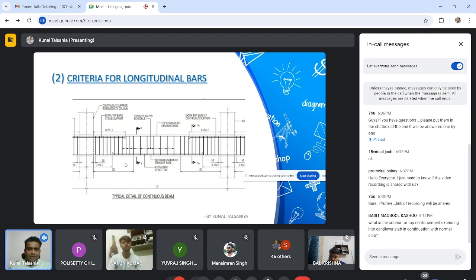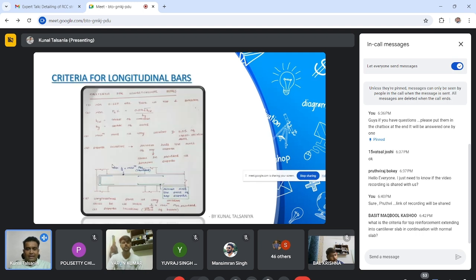In simple form, it is a point of contraflexure, where you get moment almost zero. So up to 2D distance is your confining zone, and in confining zone you cannot provide any lap, in top or in bottom.